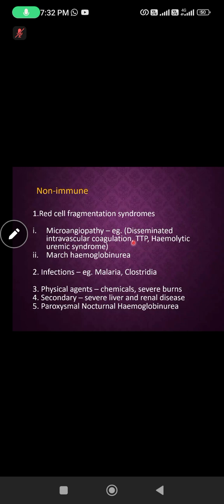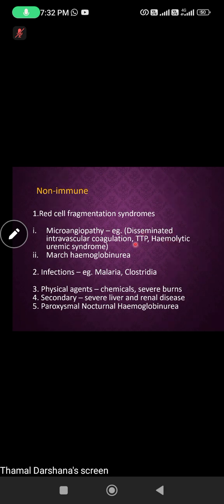So I will just brief it here. So same effect in thrombotic thrombocytopenic purpura. There's a massive obstruction in the microcirculation for red blood cells to pass through, causing physical shear damage and fragmentation.